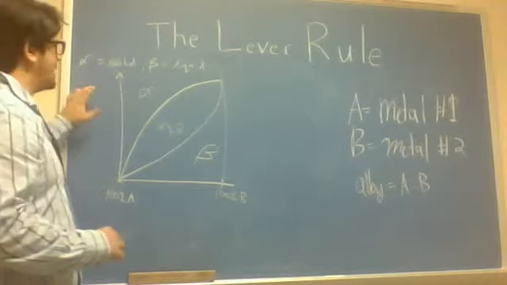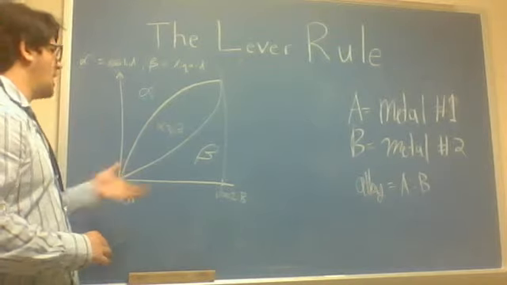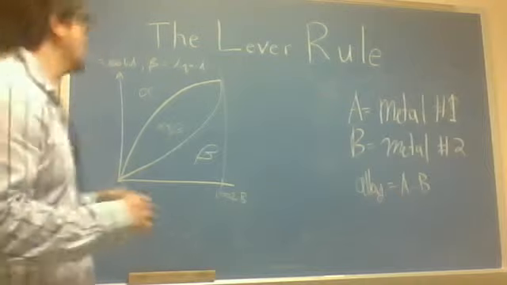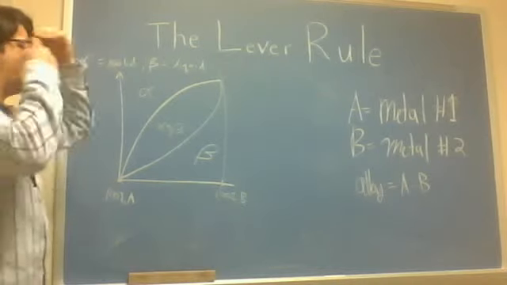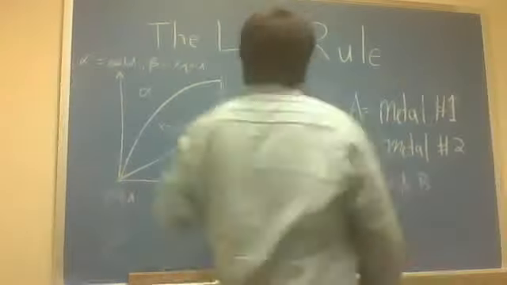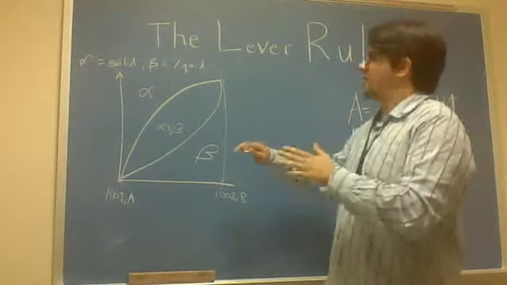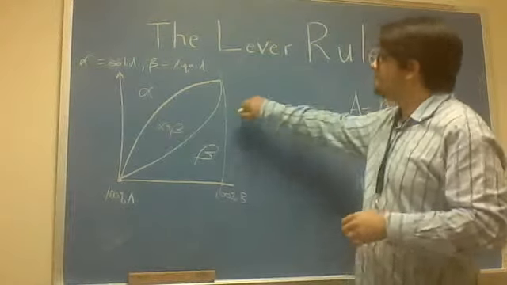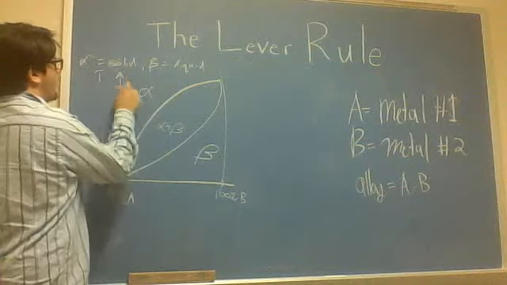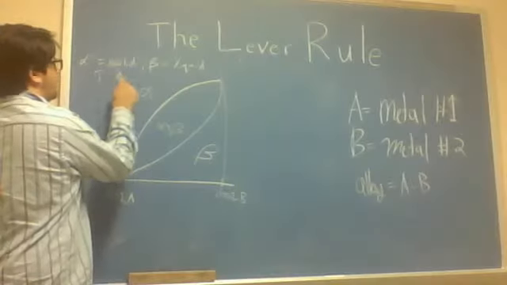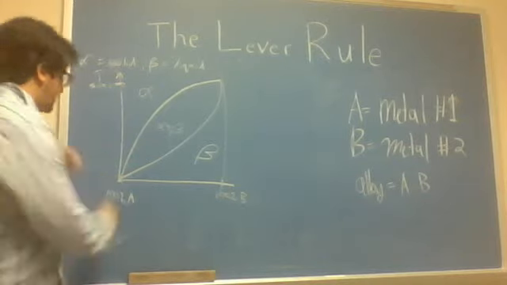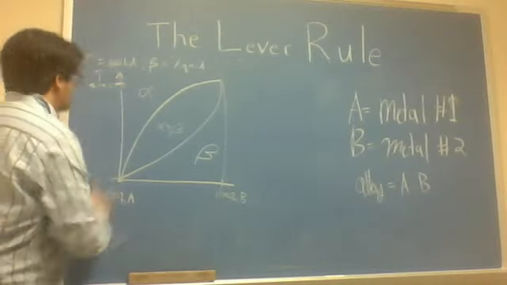So why is this useful? Why do we want to know about it, and why do we even need a hypothetical situation? Well, usually you're going to be asked these questions. And by the way, this is temperature, so you might have at this point 500 degrees Celsius, and this will be 0 degrees Celsius.